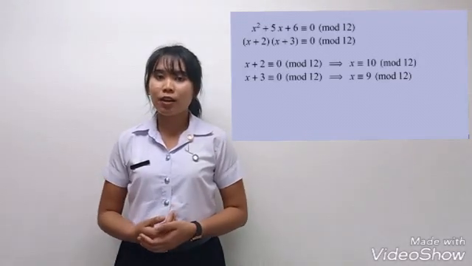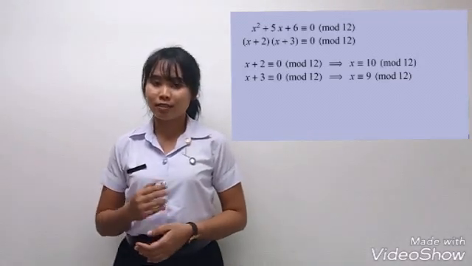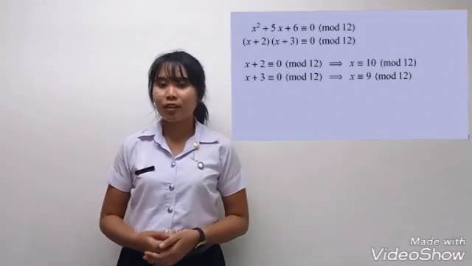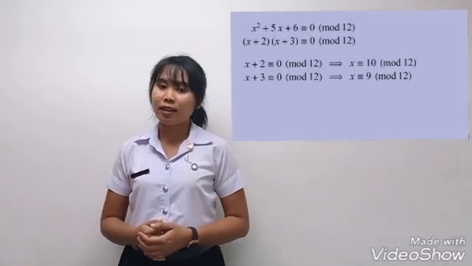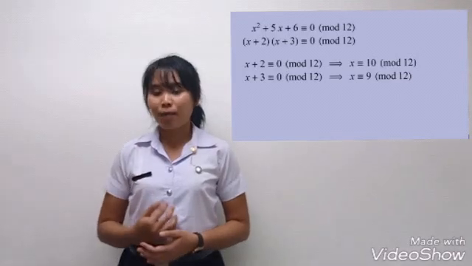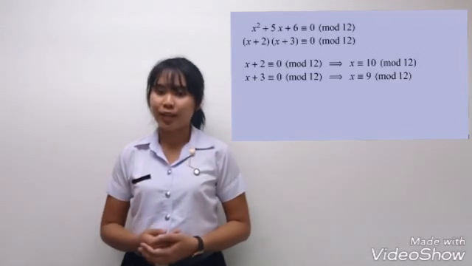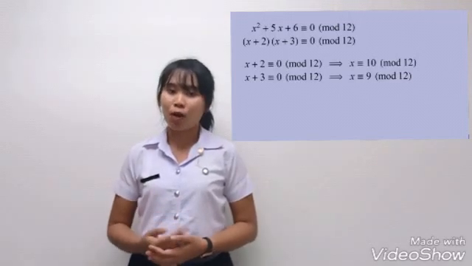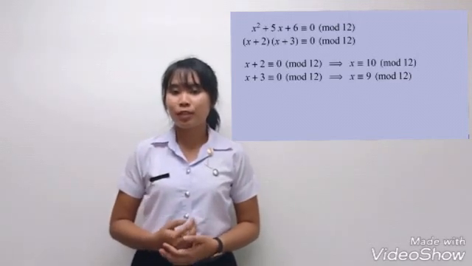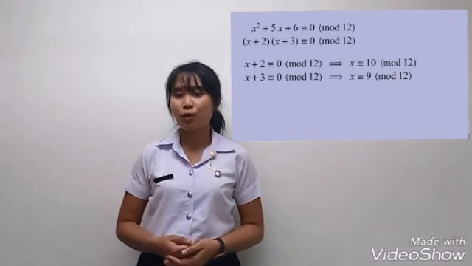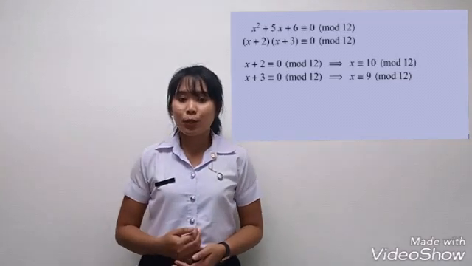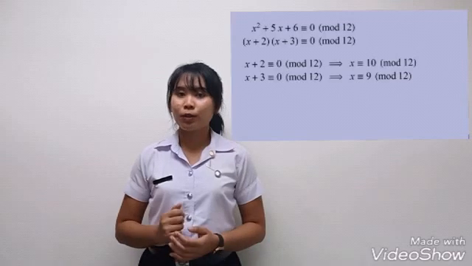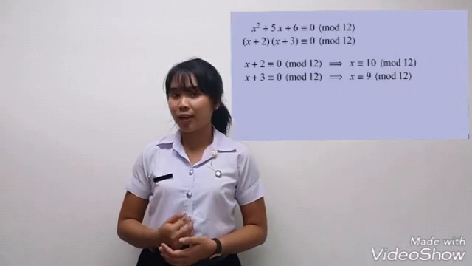In the integer mod 12, if you factor the left-hand side, you get x plus 2 times x plus 3 is congruent to 0 mod 12. If you set each term to 0 mod 12, you get x equal to 10 or x equal to 9.